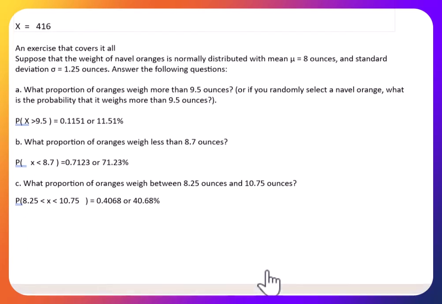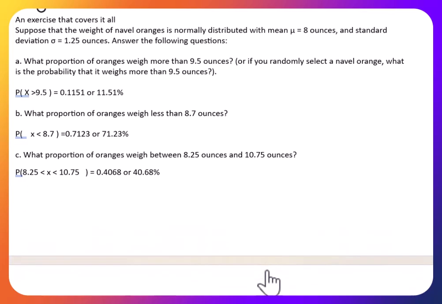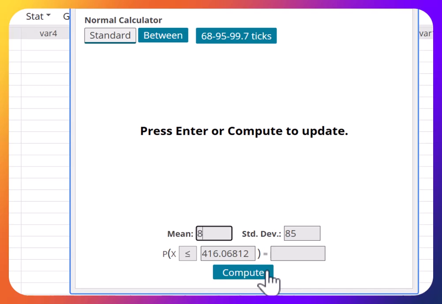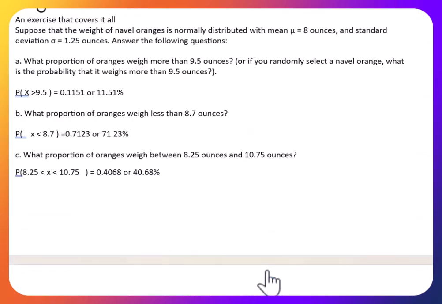Now the last exercise that covers everything that has to do with the normal probability distribution. Suppose that the weights of navel oranges are normally distributed with a mean of 8.25 and a standard deviation of 1.25. What proportion of oranges weigh more than 9.5 ounces?